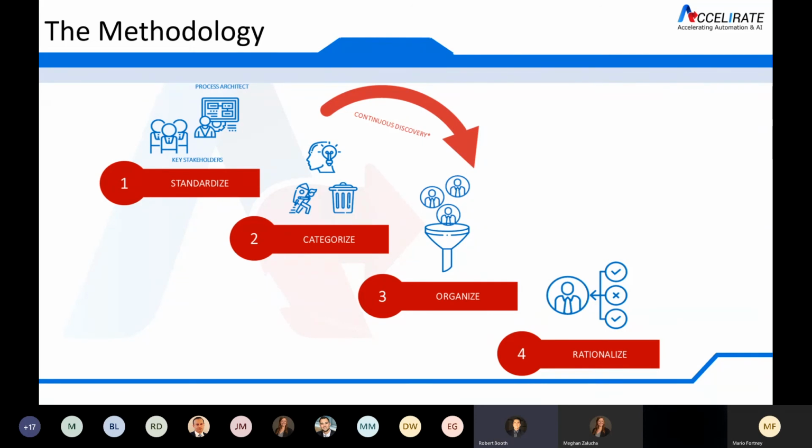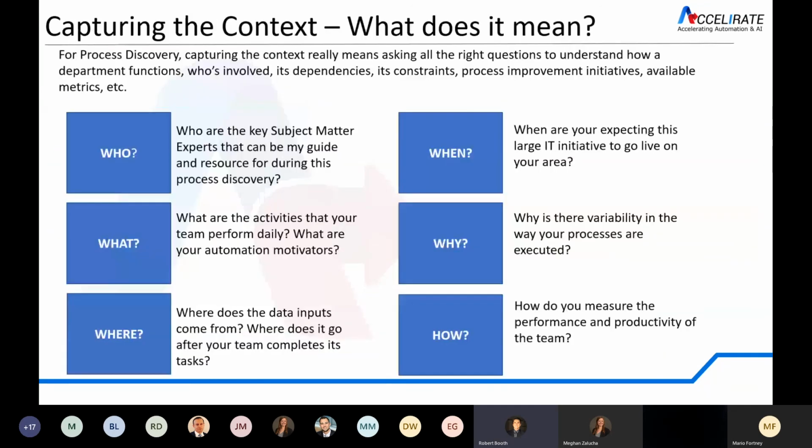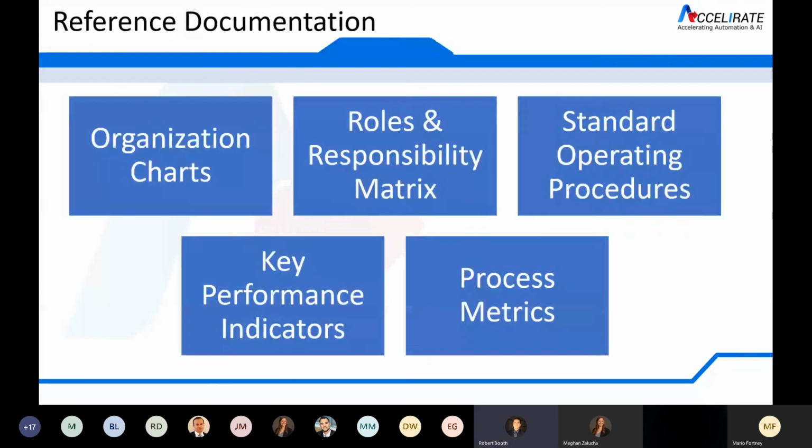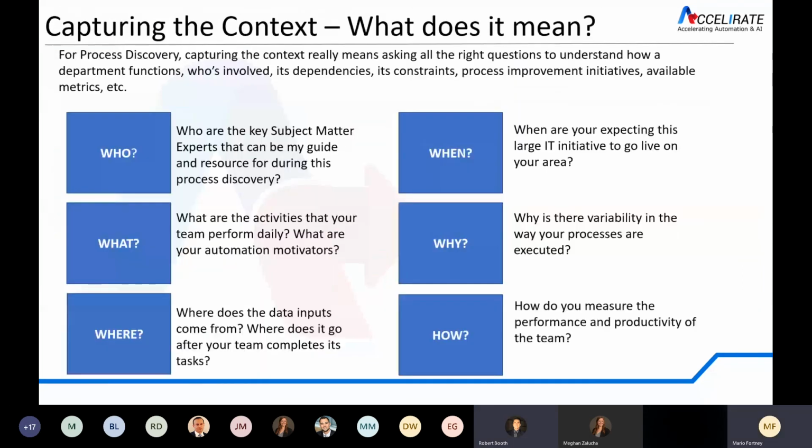So let's go ahead to that next slide. What does it really mean? For process discovery, capturing the context is about asking the right questions, because we're trying to understand how a department functions, as well as who's involved in that department.